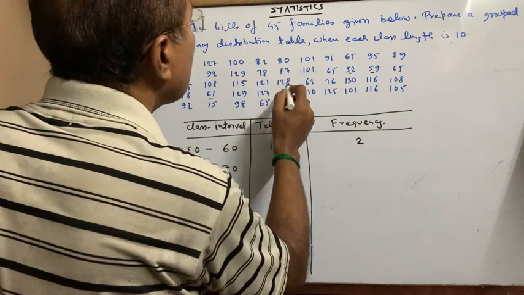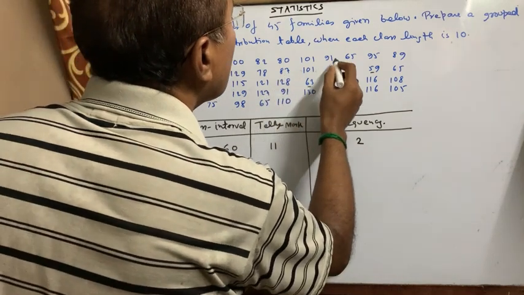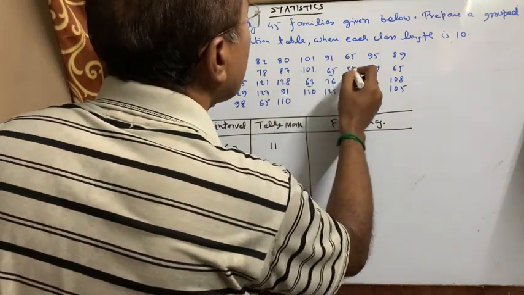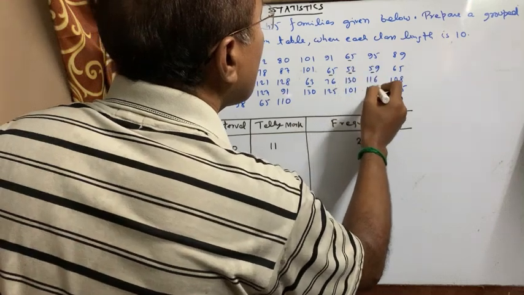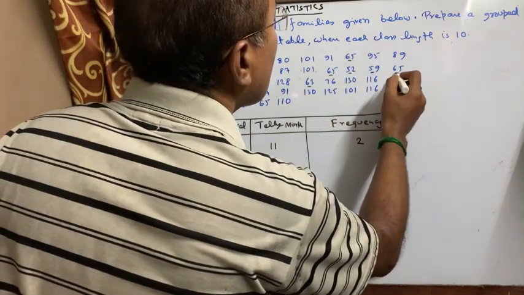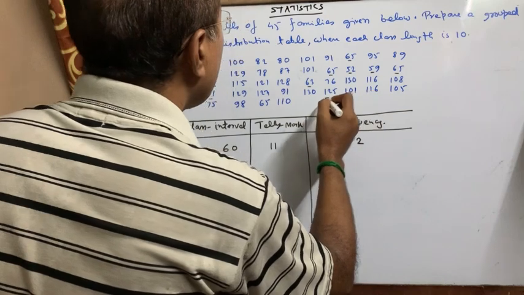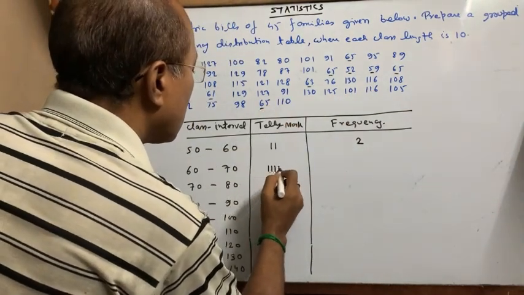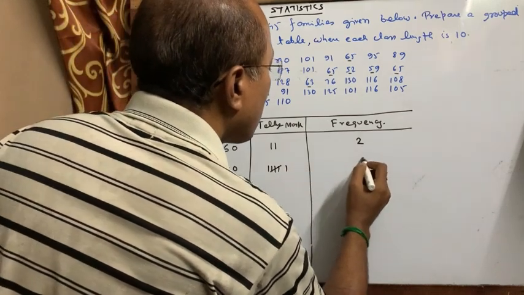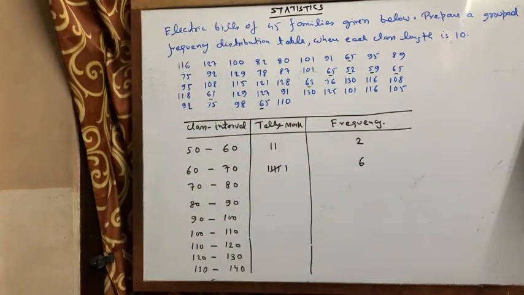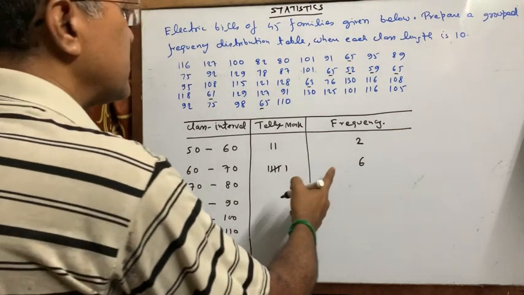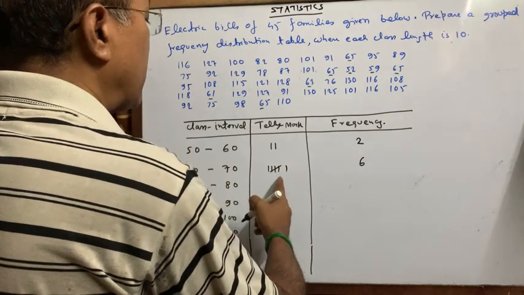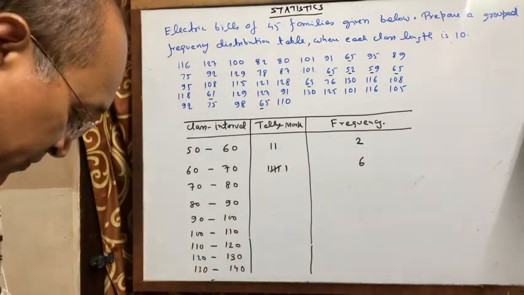Counting 1, 2, 3, 4, 5, 6. So for 60 to 70 the frequency is 6, and the tally mark written here is 6.